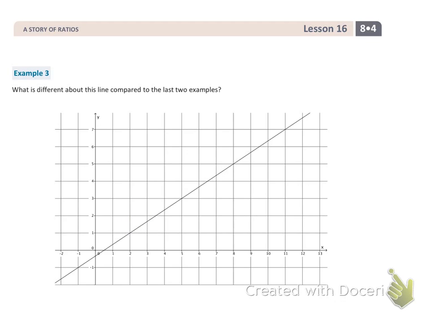So this is a little different, but obviously this line has a slope that we could find. And so we need to develop a method for finding the slope when we can't get that horizontal distance of 1 on the graph. Okay, so let's look at how we could do that.